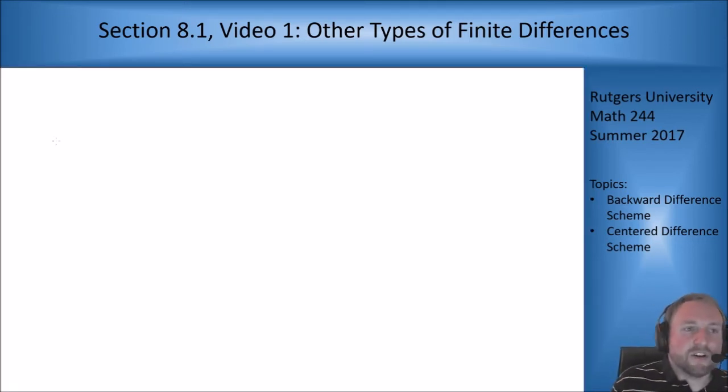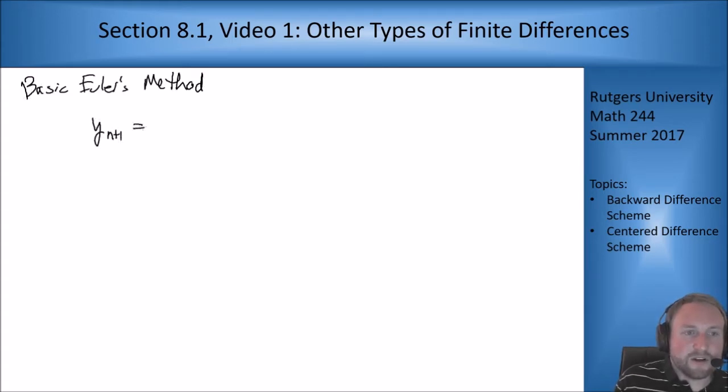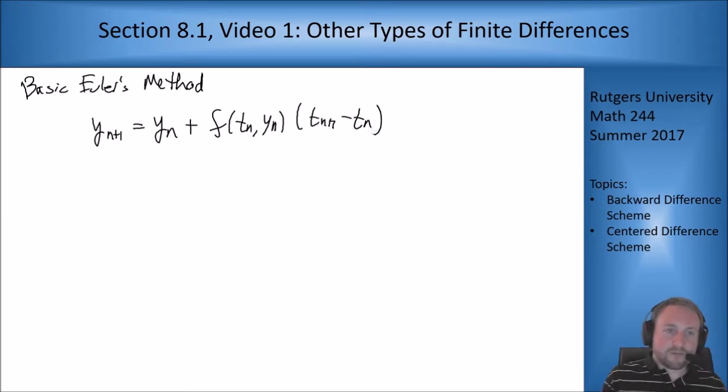In the last video, we talked about the basic Euler's method, which resulted in an equation that looked like y_{n+1} = y_n + f(t_n, y_n) times (t_{n+1} - t_n).